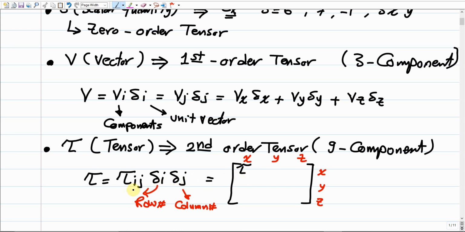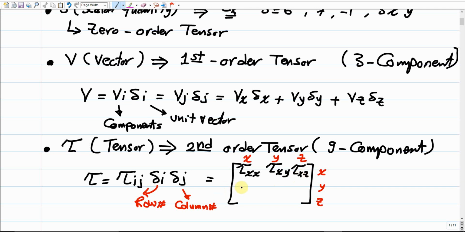It means that this is tau xx, the component in the xx location. Here I'm talking about the component in the x, y location. Remember that the row should come first for the tensor. So the row first, I'm still working in the x row with the column y. Here I should have the xz.